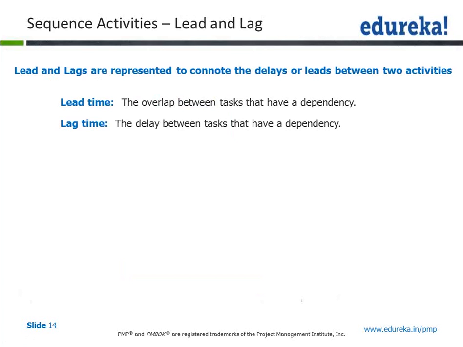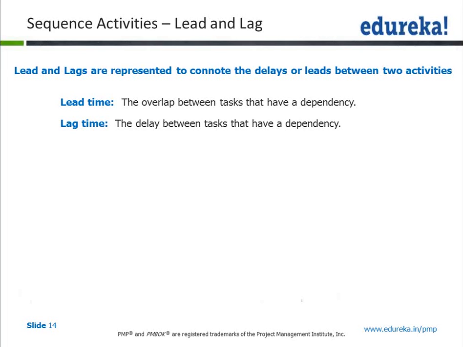So the leads and lags are represented to connote the delays or leads between two activities. There is a lead time, there is a lag time. Lead time is the overlap between tasks that have a dependency. So for example, you have requirements document preparation, and then you have design document preparation.